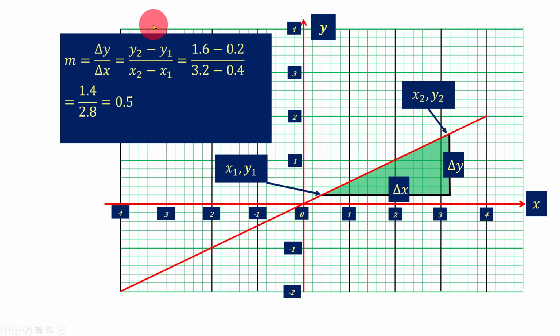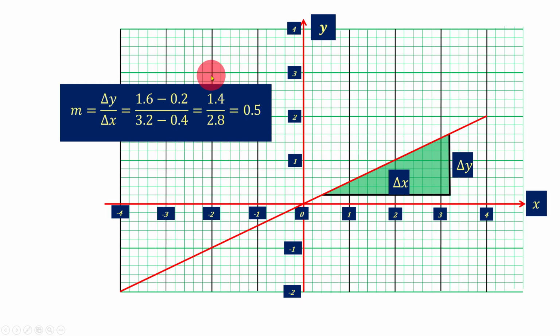And when it comes to finding the gradient, we always start with the change in y divided by change in x. It is not the other way around, because I've seen some students doing change in x divided by change in y. No. Remember, the gradient of a line is given by change in y divided by change in x.